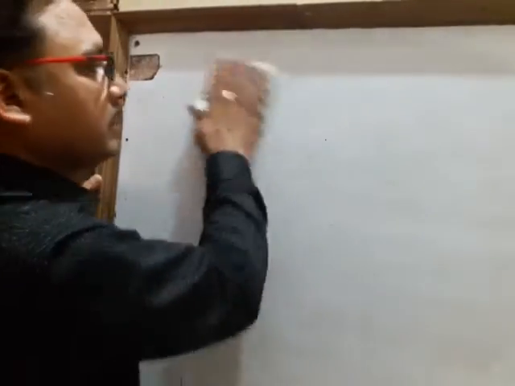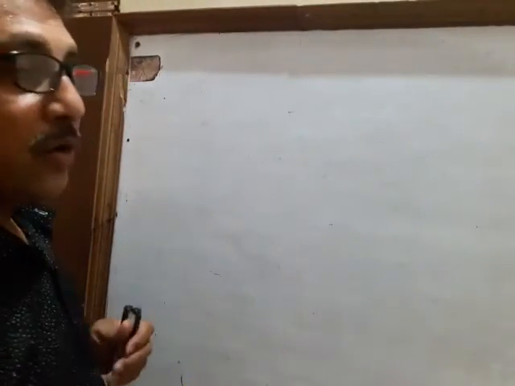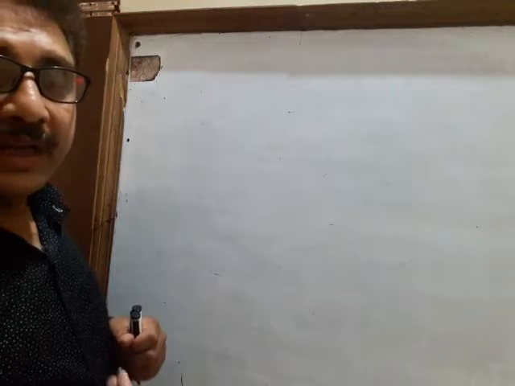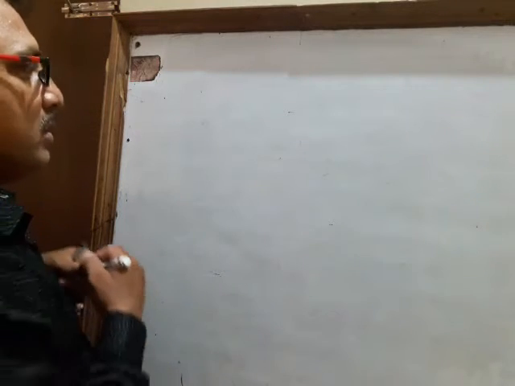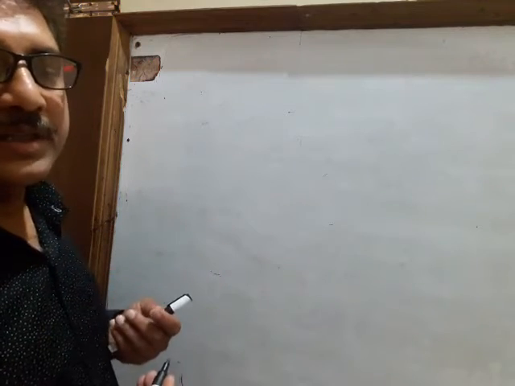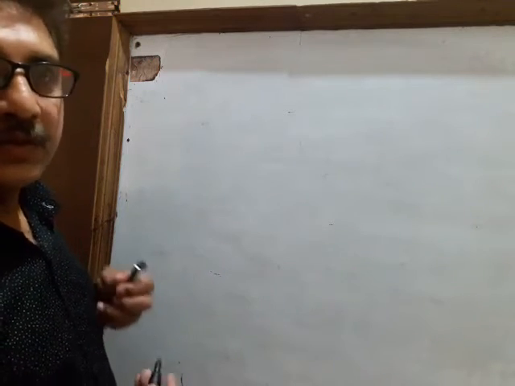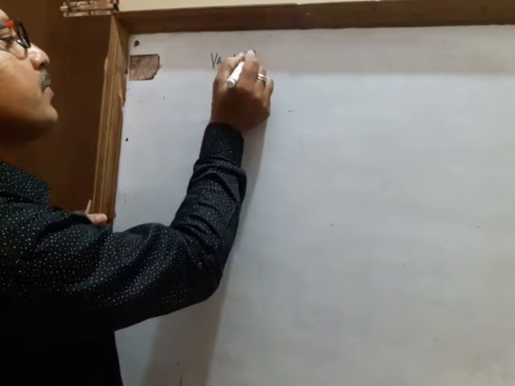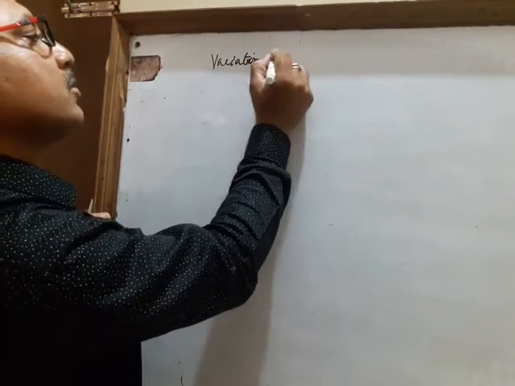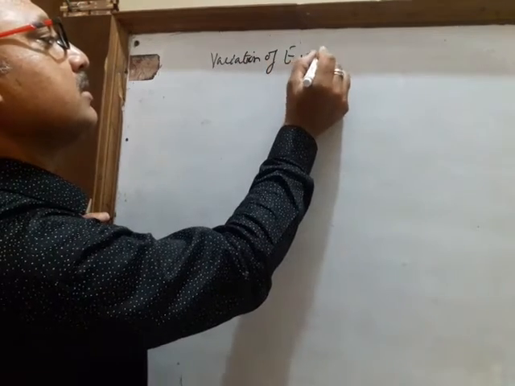But before that, I can ask one question. Suppose you have to draw a graph showing the variation of electric field intensity with distance, then how will you draw? This is one question which also comes in the board exams for the students. So you can see variation of E with small r.